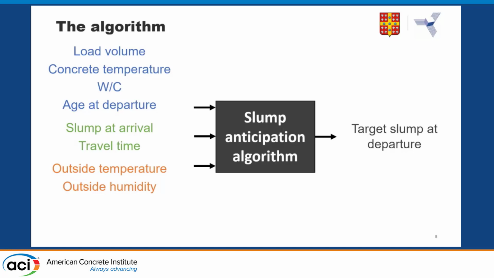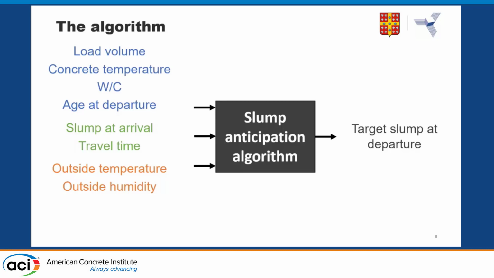Temperature, yeah, humidity. So for load volume, it's a batch load volume. Concrete temperature, that was the concrete temperature at departure, when the truck left the plant. Water cement ratio, exact cement. Age at departure, we got it. Slump at arrival, it's when the truck arrived at site, the first slump that is measured.